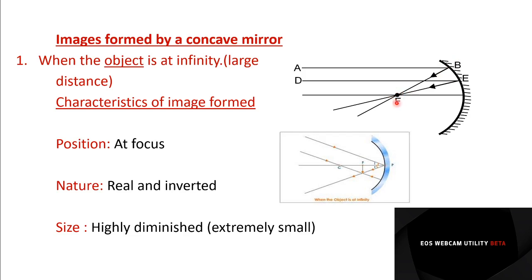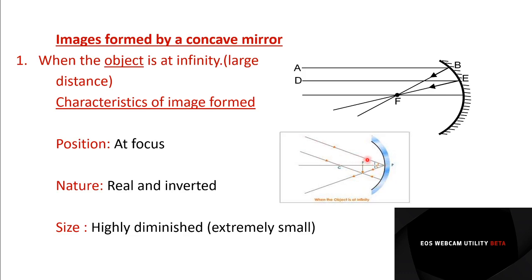Okay, now when the reflected rays are converging at a focus, this is the point where we are getting the image. Okay, or sometimes the rays may be parallel to each other, but they may not be parallel to the principal axis. So in this case, what we do is we take the ray which is passing through center of curvature. We know this ray will retrace its path.